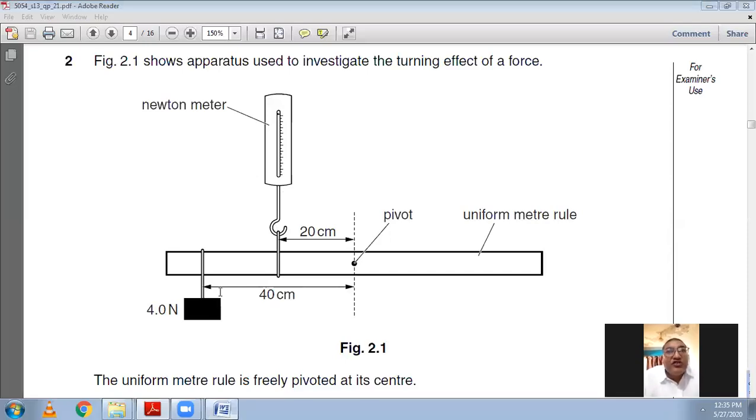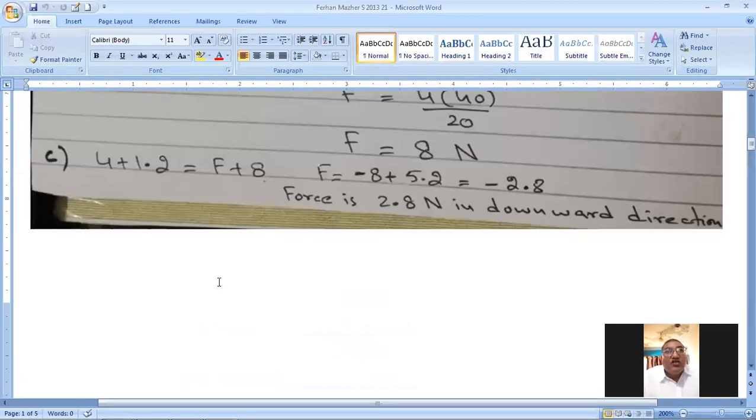I've done this on a paper. Let me show you that work. On your screen you can see 4 plus 1.2, they are downward, and F plus 8, they are in the upward direction. So the value of F will be minus 8 plus 5.2, and the answer will be minus 2.8. So the magnitude of that force will be 2.8 Newton, but with our answer we have a negative sign.